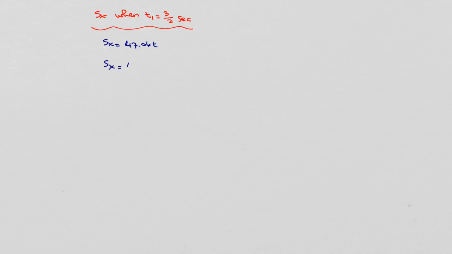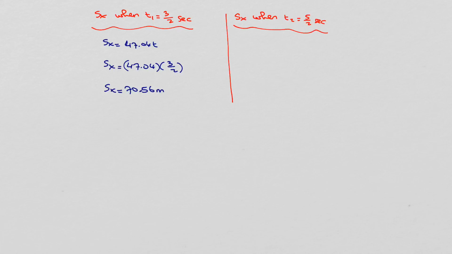So therefore the distance to the first position of the wall from the starting position is 70.56 meters, and the distance from the starting position when the time is 5 over 2 seconds then is 47.04 times 5 over 2, which gives me a distance from the starting position to the second wall to be 117.6 meters.